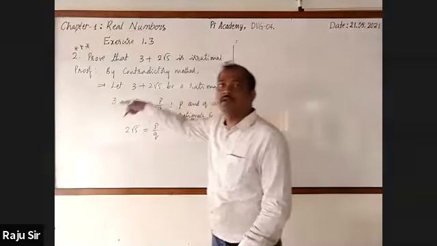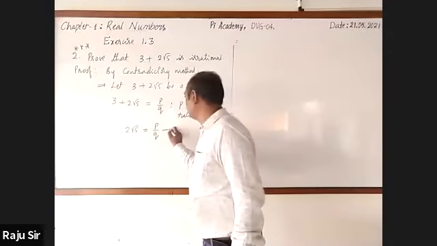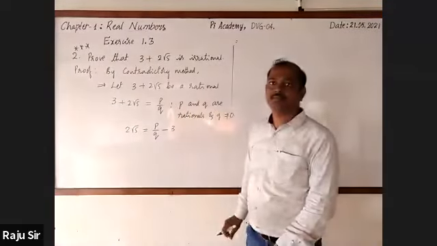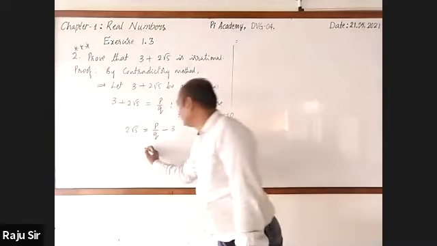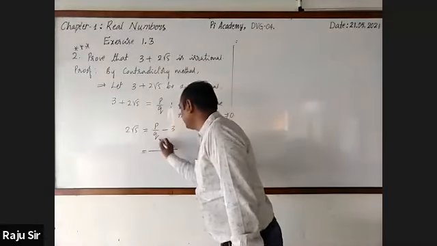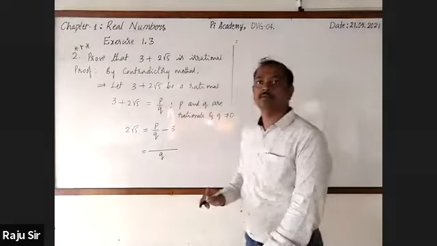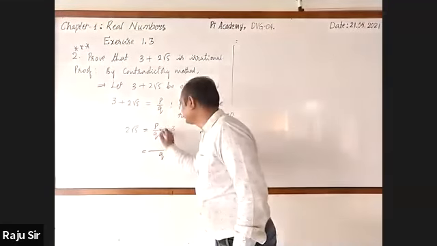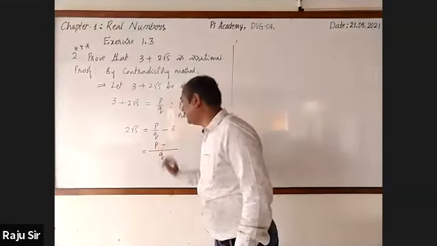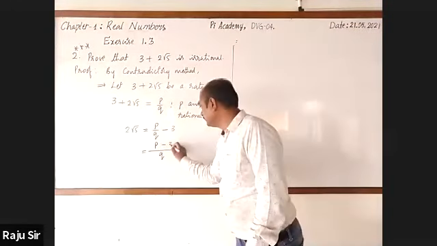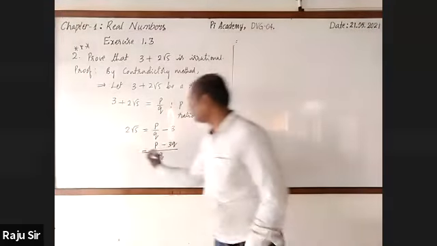Now transfer 3 to the right hand side. It becomes minus 3. Take LCM and simplify. LCM is Q. Then multiply LCM with the first term, it becomes P. With the second term, it is 3Q.